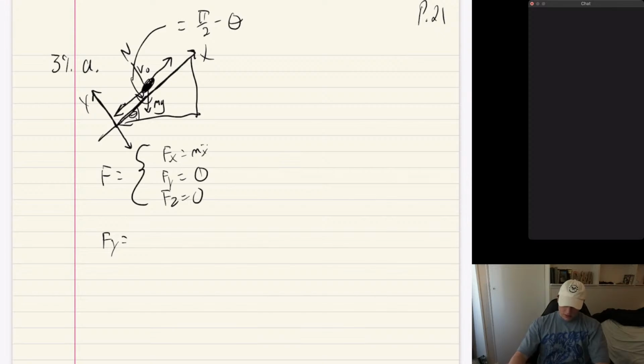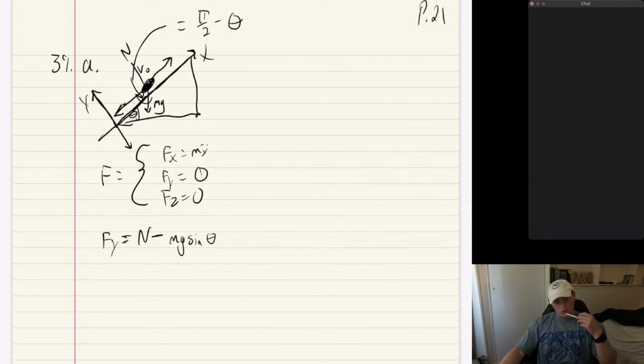Fy is equal to our normal force minus, would it be, I think it's mg sine theta, right? I think in this example they say cosine, but I think this is different. This would be sine theta.